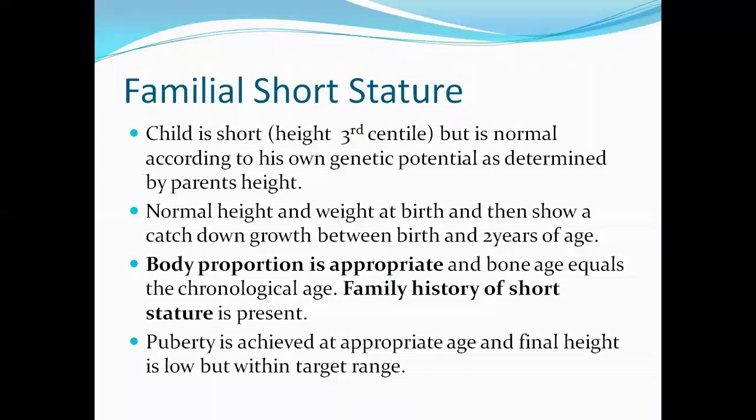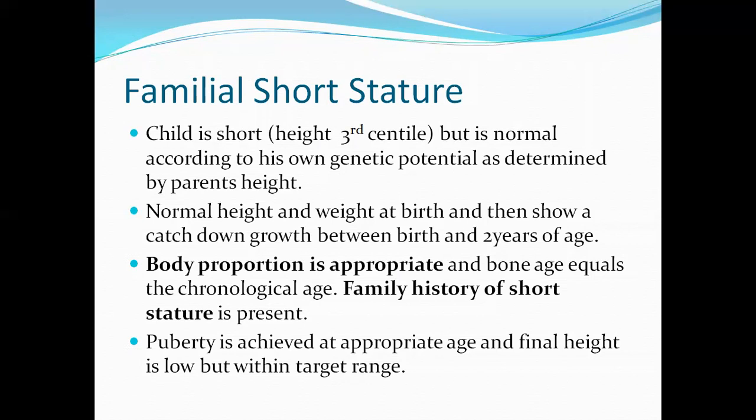Now, next is familial short stature. The child is short, definitely; height is less than third centile. But he is normal according to his own genetic potential as determined by the parents' height. The parents are short, so the baby is destined to not get a very good height. So he is short, but he is normal for his parents' height.